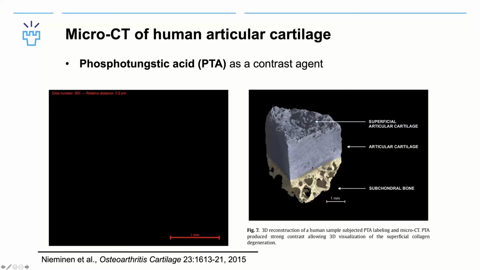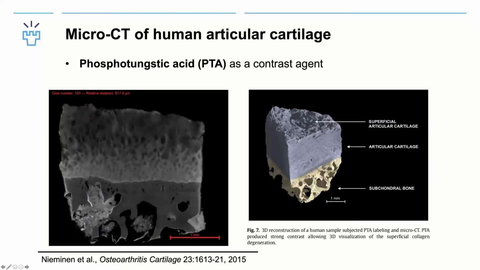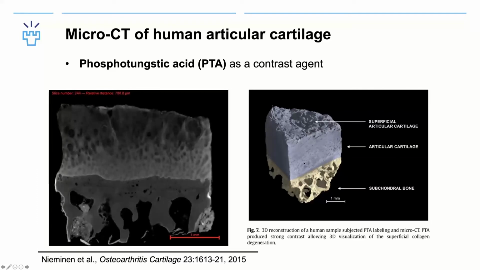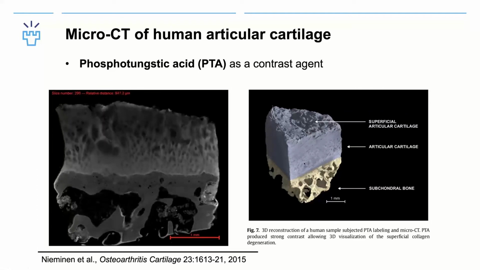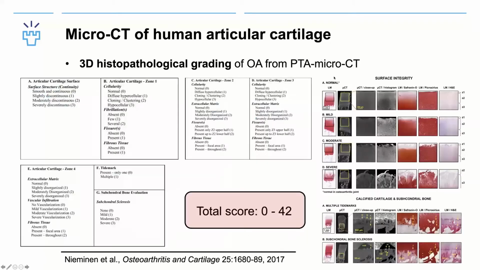And of course, with micro-CT as a 3D method, you can also make nice 3D reconstructions of the tissue samples. We also developed the histopathological grading for micro-CT imaging of osteoarthritis, cartilage and bone, a 3D histopathological grading for osteoarthritis.